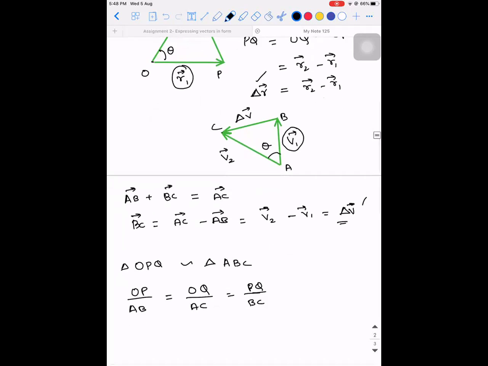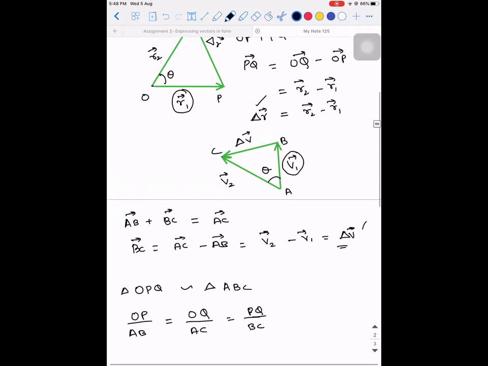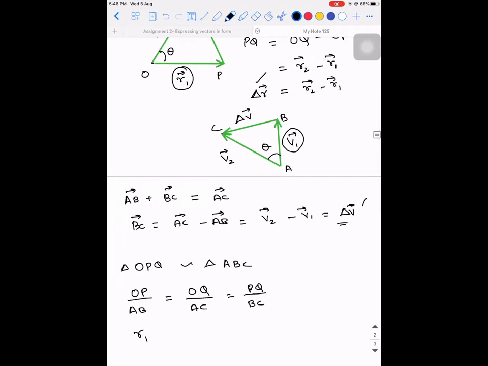So what is OP? OP is R1 vector. But since you have taken only the triangle into consideration, you will write its length. So OP is radius. What is AB? AB is velocity. And one more point, for uniform circular motion, the magnitude of the velocity is the same.